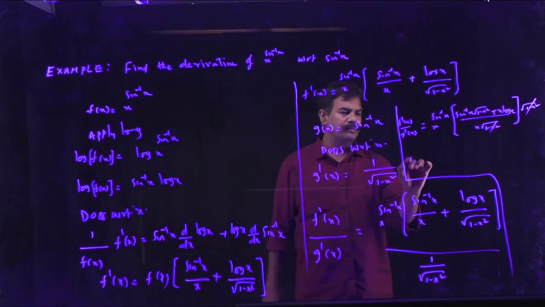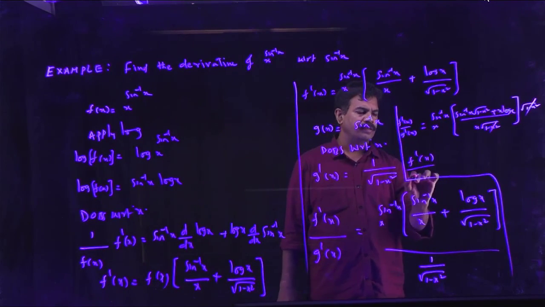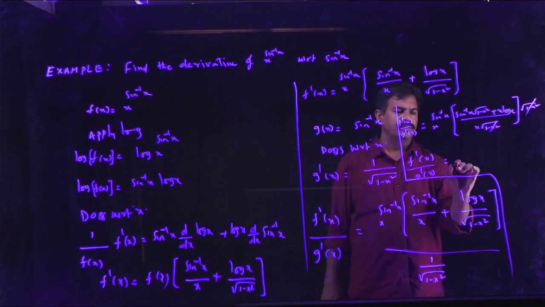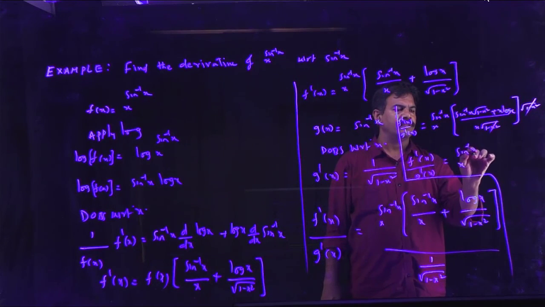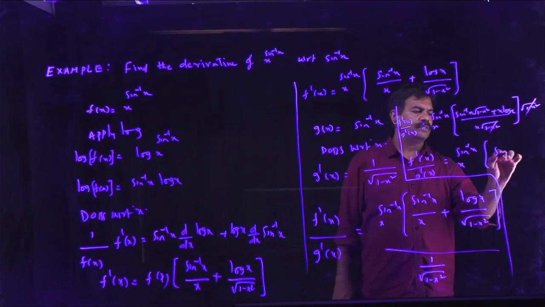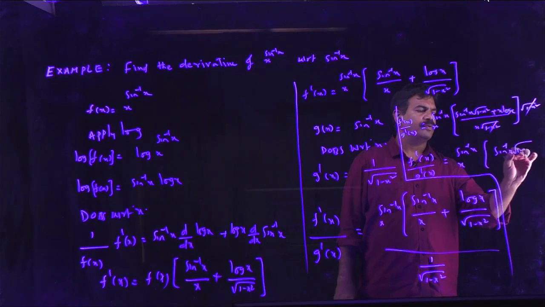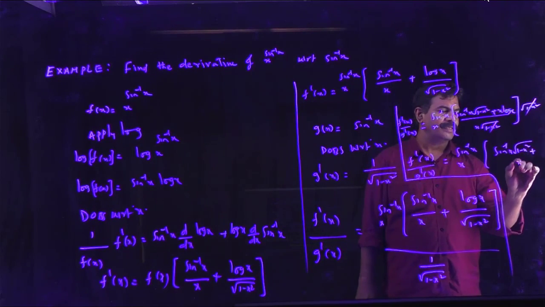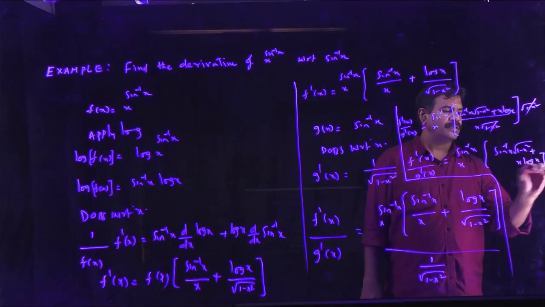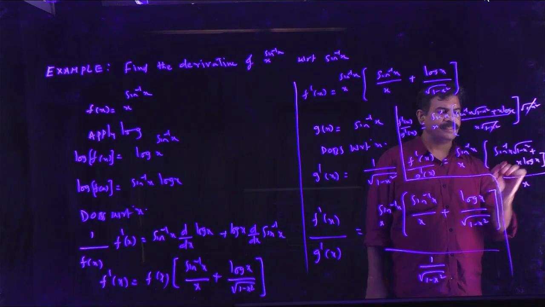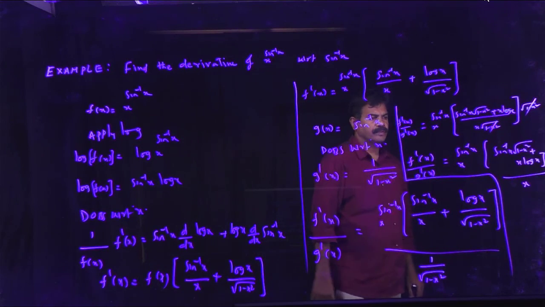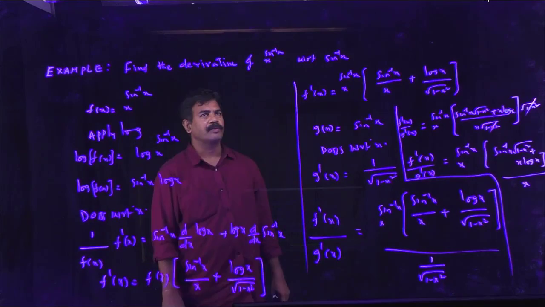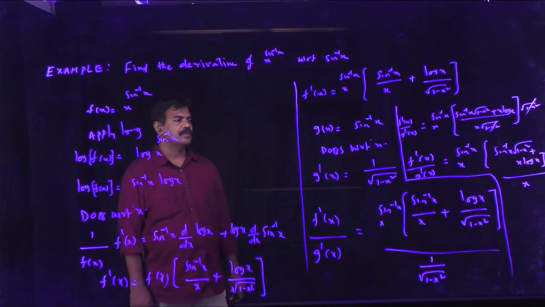That is, f dash x by g dash x is equal to x power sin inverse x into (root of 1 minus x square plus x log x) by x. So this is the derivative of the given function x power sin inverse x with respect to sin inverse x.